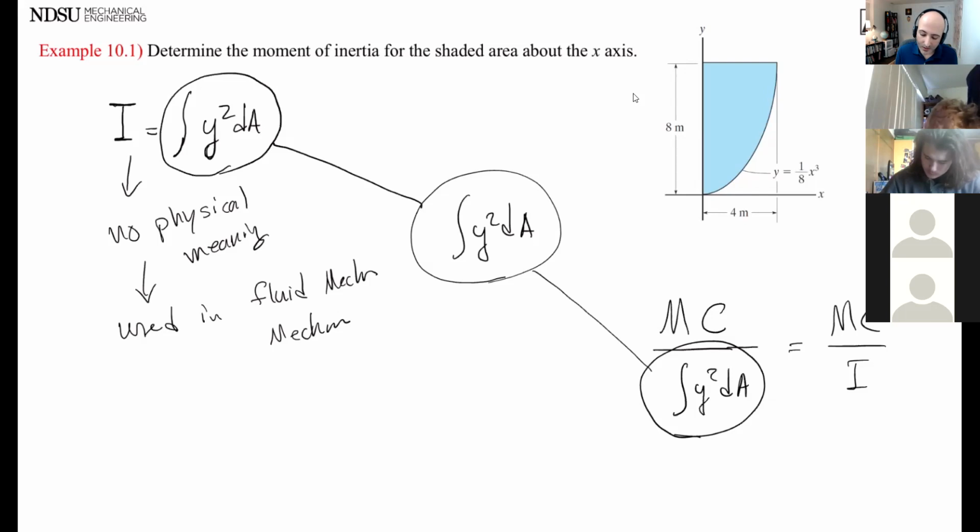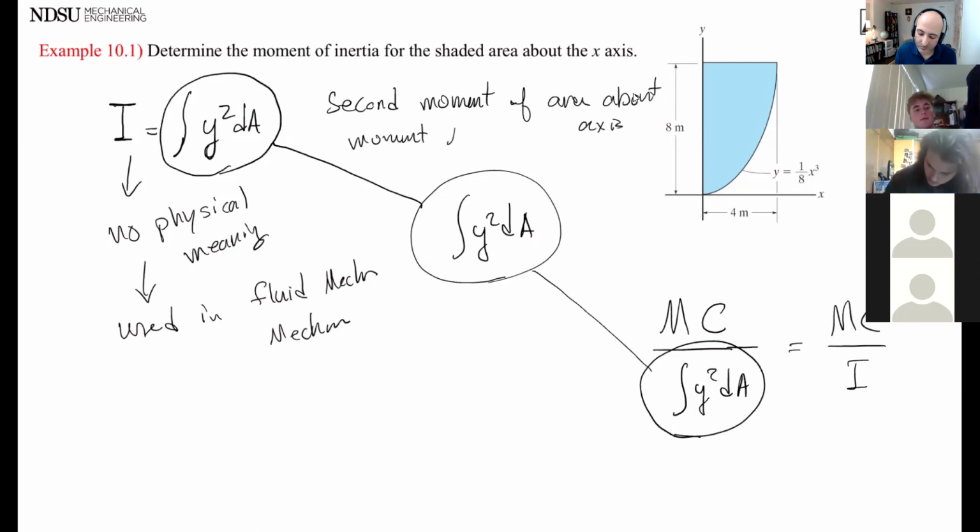It is called the second moment of inertia, or second moment of area about an axis, or moment of inertia. To confuse you even more, it's not inertia.